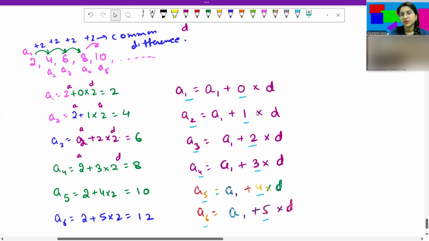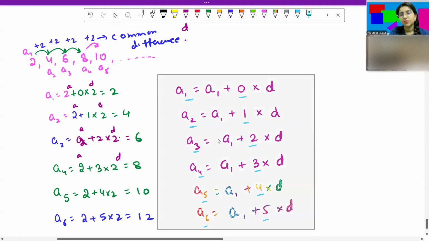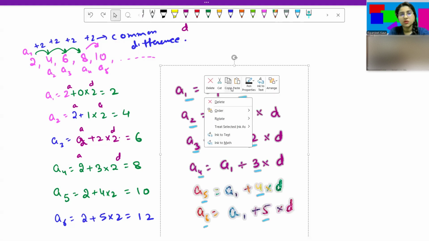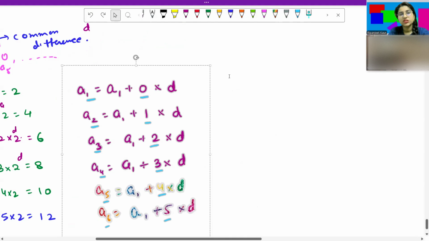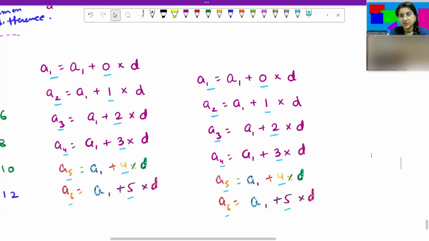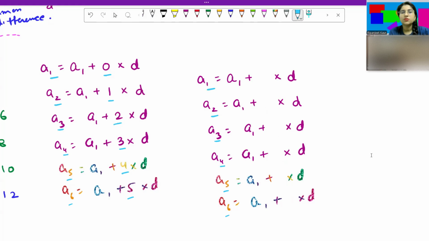Do you think that? Yes. Okay. So I'm just copying it and making a little modification. Instead of this 0, 1, 2, 3, 4, because we know from the original term it's 1 less, can we say it is 1 minus 1?